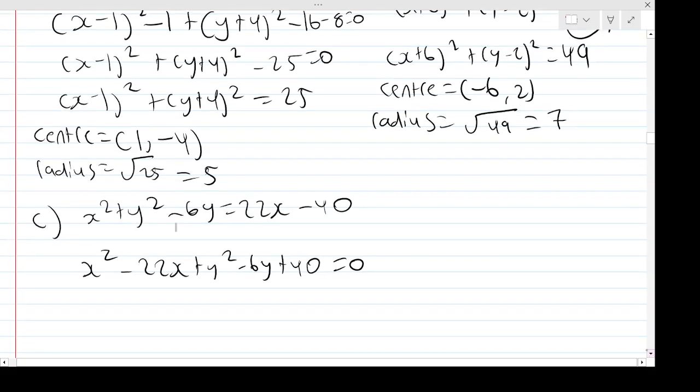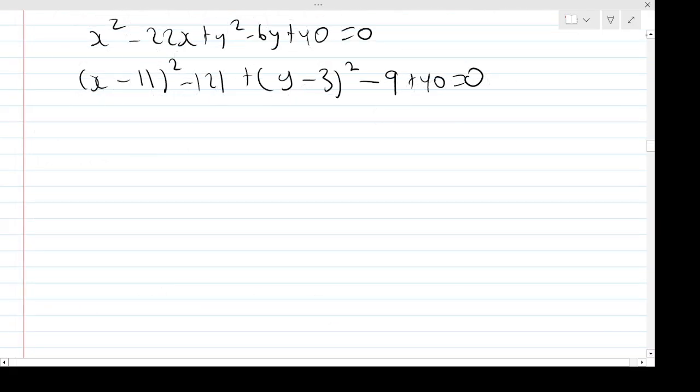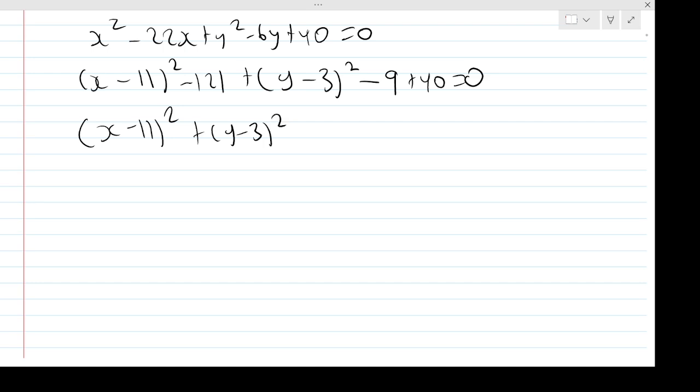Well, then we can complete the square on the x and the y parts. So we have x minus half of 22, which is minus 11, all squared. Then 11 squared is 121, so it's minus 121. Then we complete the square on the y: y, and half of minus 6 is minus 3, all squared. Then we minus 3 squared, which is 9, and plus 40 equals 0. Okay, so if I add the numbers together, x minus 11 all squared, add y minus 3 all squared, and adding the numbers, I get minus 121 minus 9 plus 40, which gets me minus 90, equals 0.